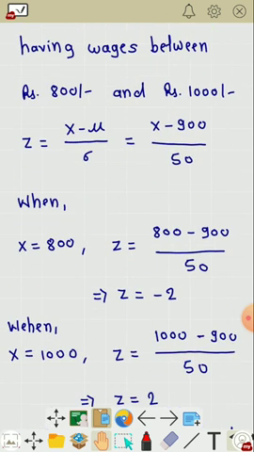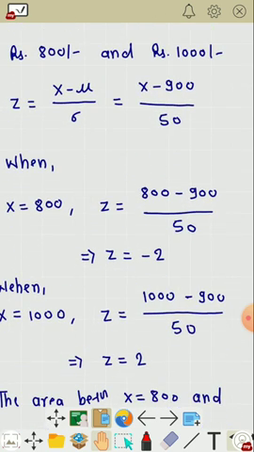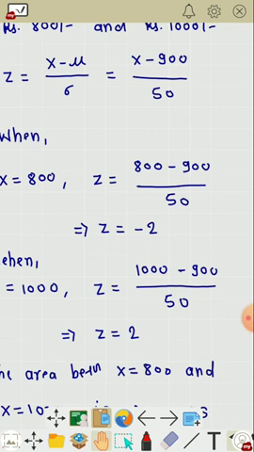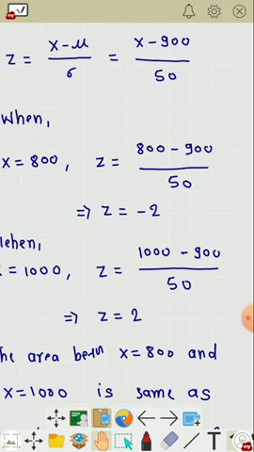Now we put the values of x. When x is equal to 800, the value of z is equal to (800 minus 900) divided by 50. This implies that z is equal to -2.